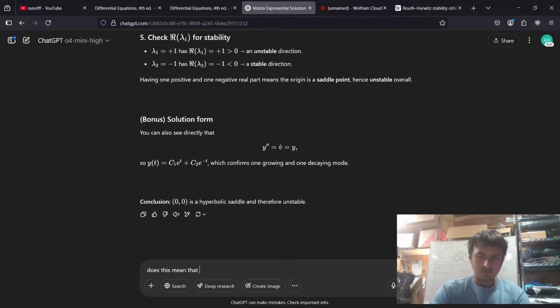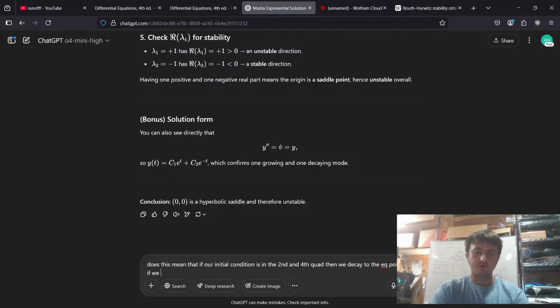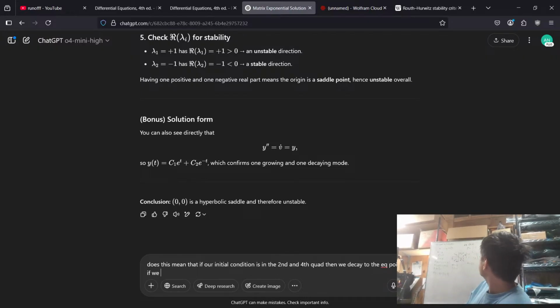Does this mean that if our initial condition is in the second and fourth quadrant, then we decay to the equilibrium point? But I don't know if that's actually true.